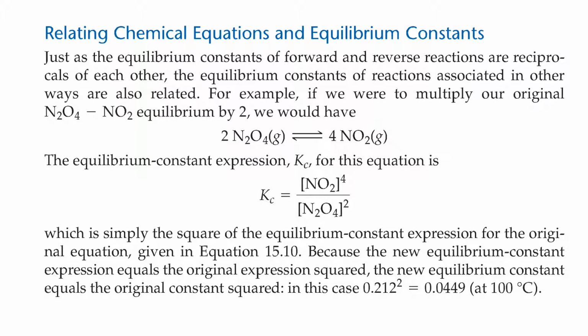The equilibrium constant expression would be NO2 to the fourth power over N2O4 to the second power, which is simply the square of the equilibrium constant expression for the original equation given in 15.10. Because the new equilibrium constant expression equals the original expression squared, the new equilibrium constant equals the original constant squared. In this case, 0.212 squared, or 0.0449 at 100 Celsius.